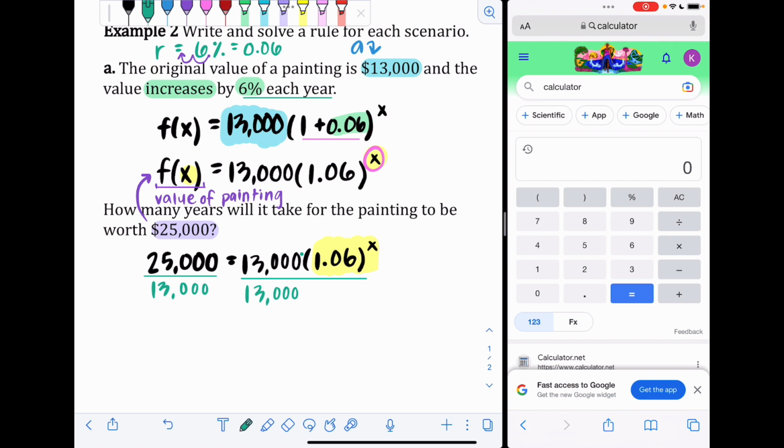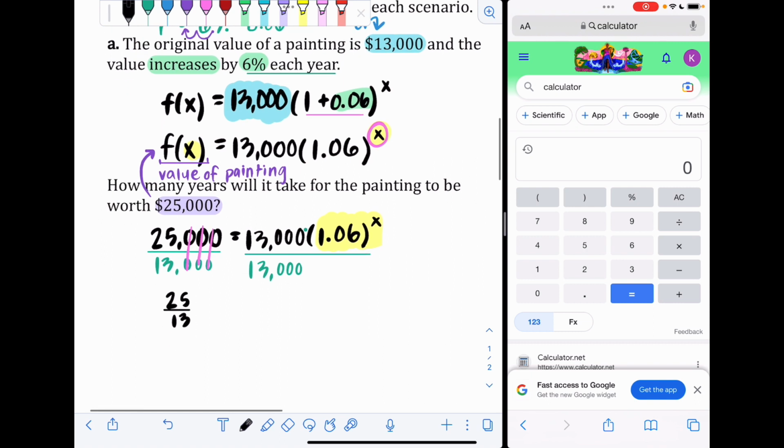When you divide numbers that have a bunch of zeros, the zeros pretty much cancel each other out, which is kind of nice. So 25,000 divided by 13,000 would be 25 over 13. It's a decimal that continues on forever, about 1.9 and so on, so I'm just going to leave it as 25 over 13 for right now.